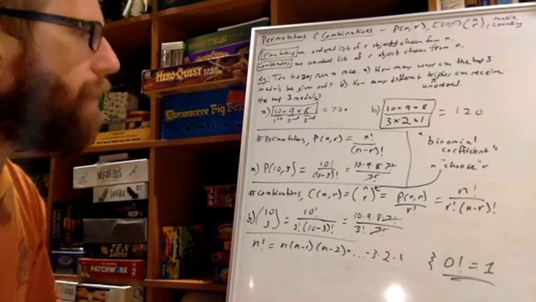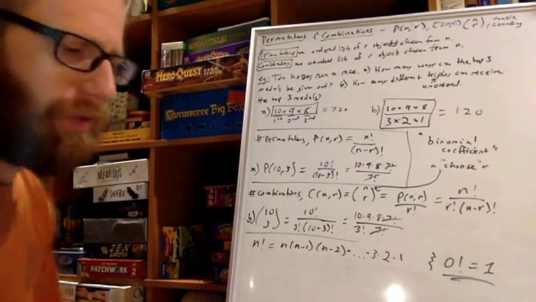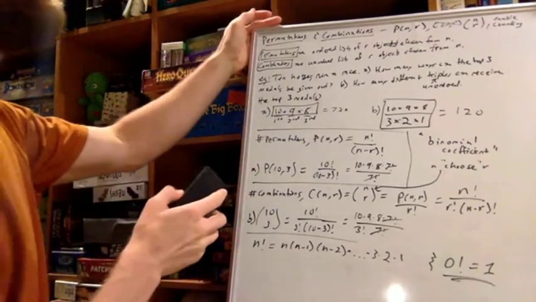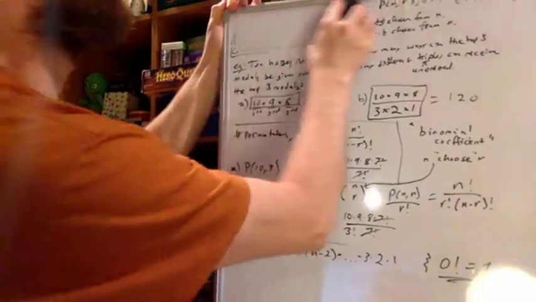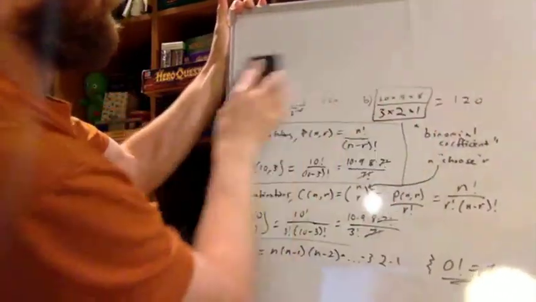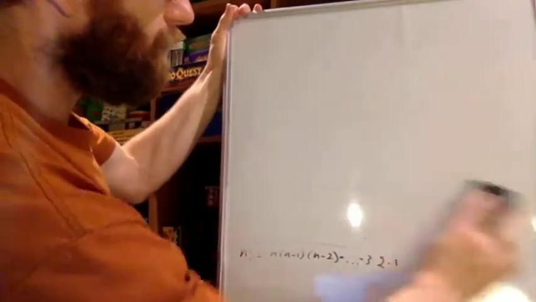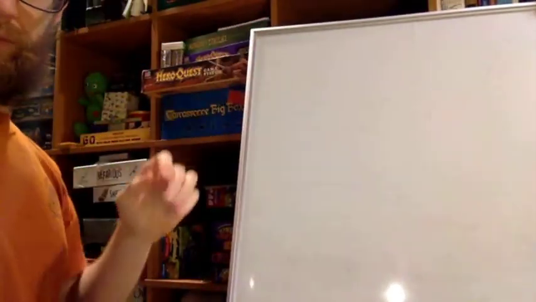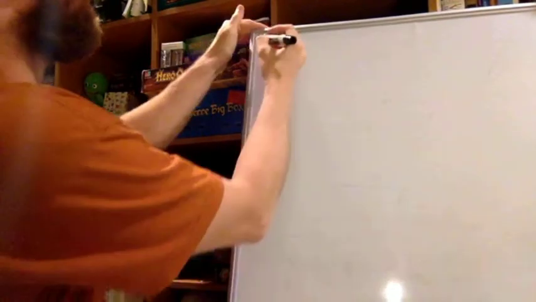Let's do a couple of simple examples involving permutations and combinations. Let me start by putting those formulas back up here.